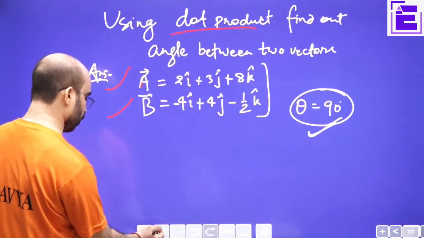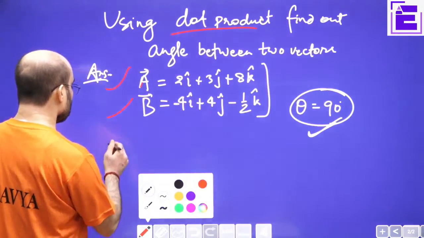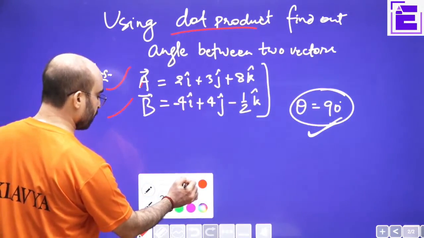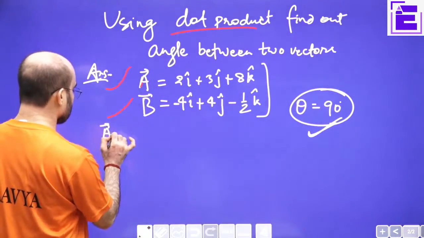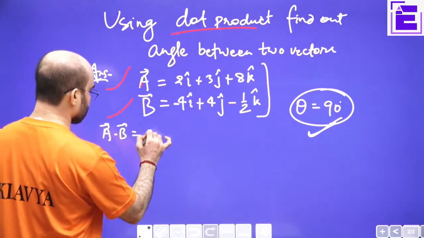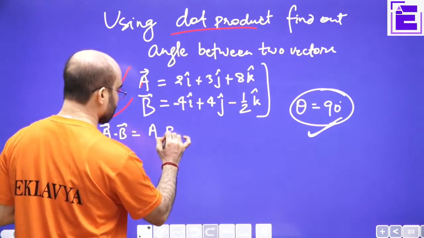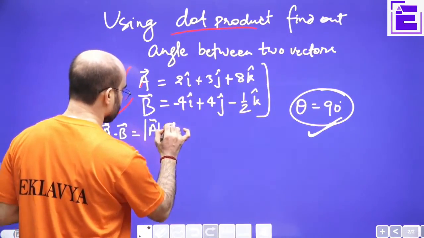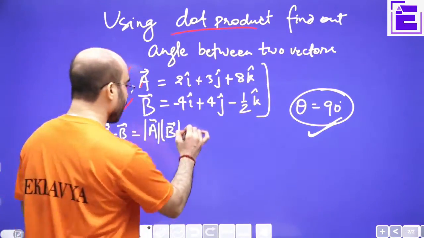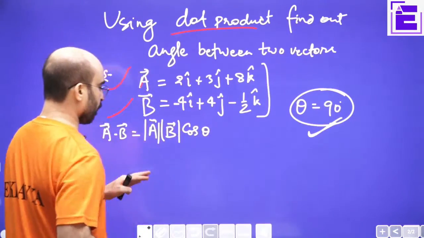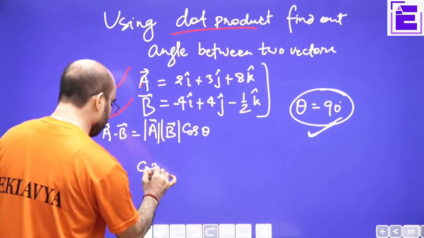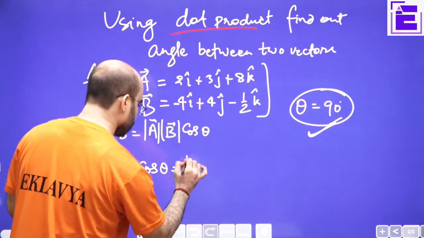See how we go about it. First thing is A dot B equals magnitude of vector A into magnitude of vector B and cos theta, right? So with the help of this, cos theta equals what?